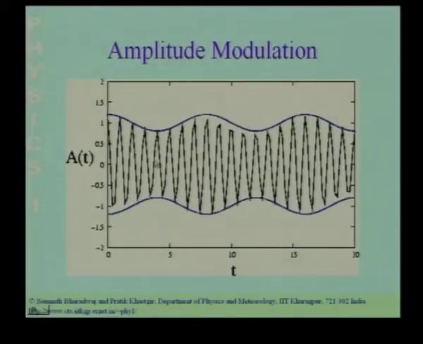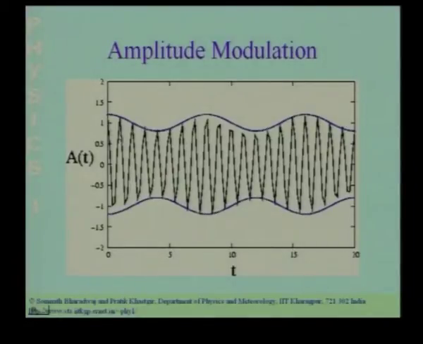This is the carrier signal, it oscillates at the carrier frequency, and this is the signal which you wish to transmit. The signal is encoded into the modulation of the amplitude. The amplitude of this signal is made to change as per the signal which you wish to transmit. This is why it is called amplitude modulation.